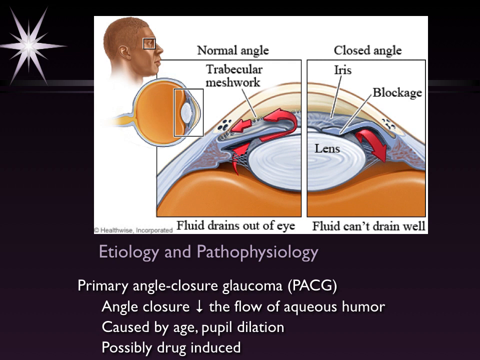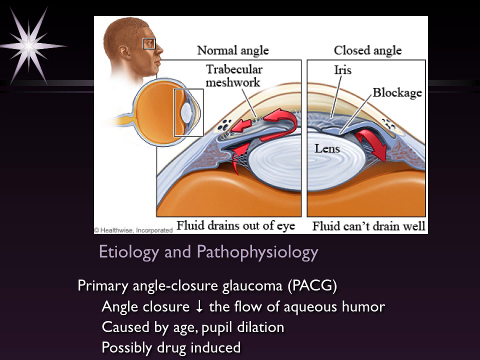And so instead of the fluid being able to flow up by the lens, above the lens, it just flows right back into the back of the eye. So usually it's caused by the lens bulging forward as a result of the aging process.